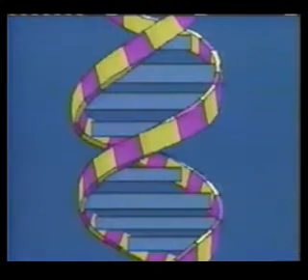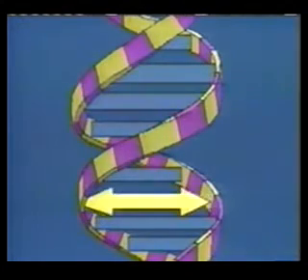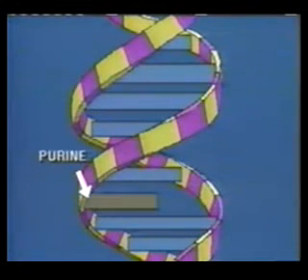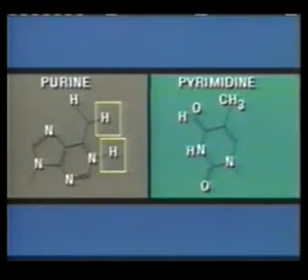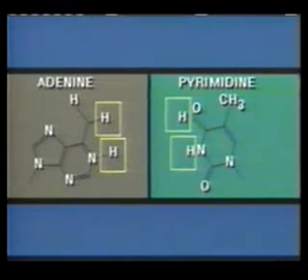The spiral structure imposes strict limitations on the molecules, which can form the rungs of the DNA ladder. The bonding arrangement between purines and pyrimidines further limits which particular molecules can link together.